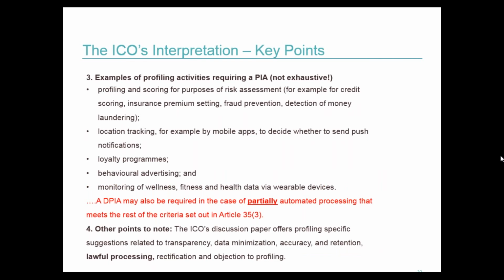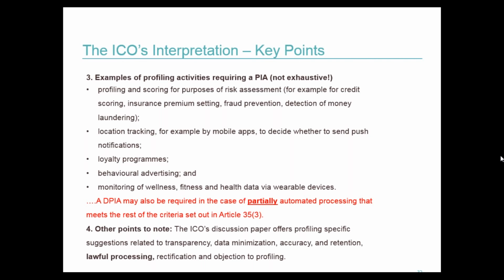And finally, as Brian's obviously already mentioned, many profiling activities are likely to need a data protection impact assessment, and obviously the Article 29 Working Party's Guidance will be the main authority on this. It's potentially just worth noting the ICO gives credit scoring, insurance premium setting, location tracking, loyalty programs, and behavioural advertising as examples of activities they think are very likely to require a DPIA.